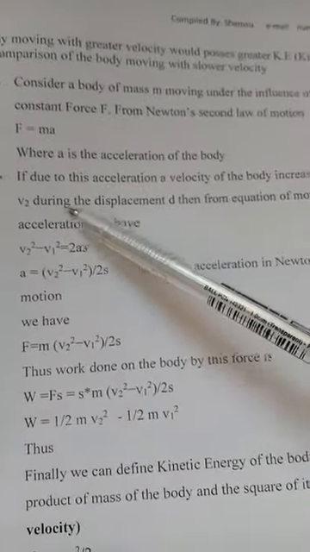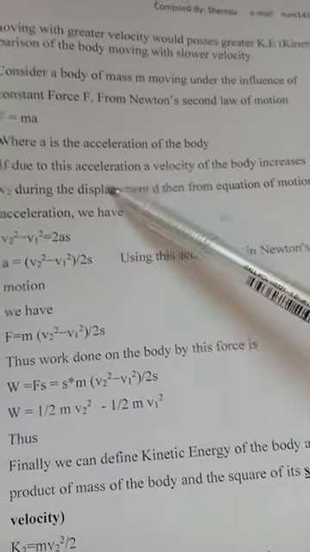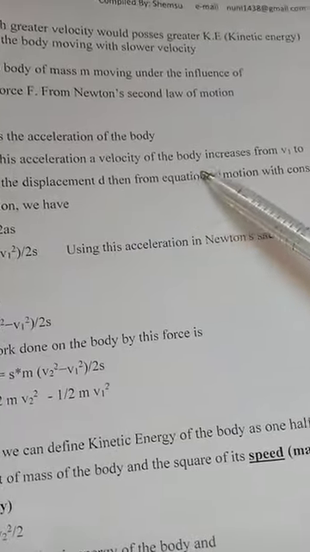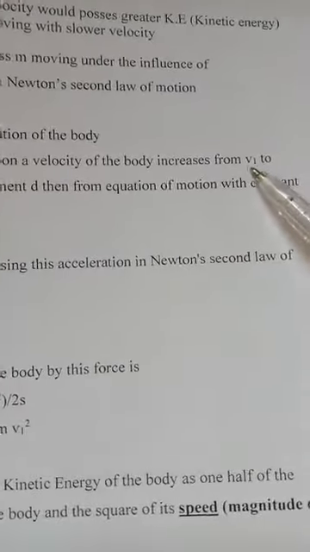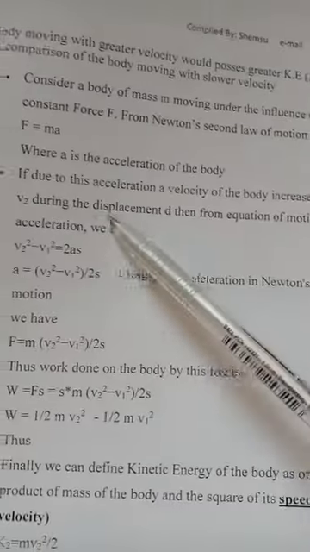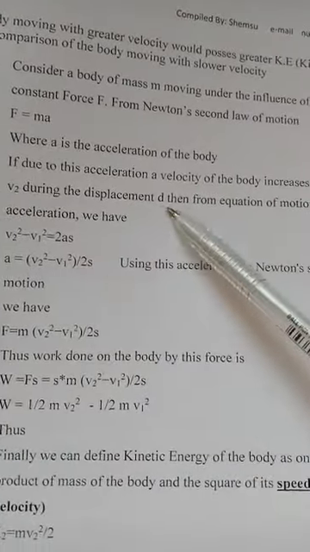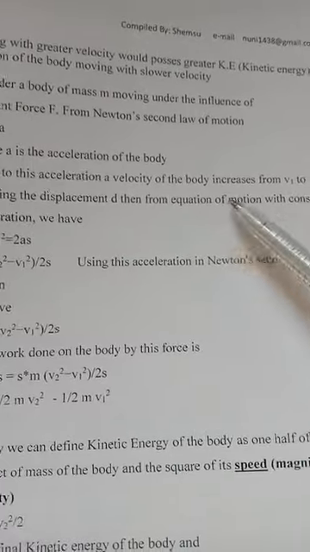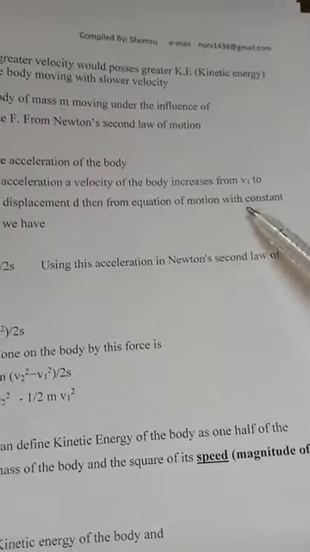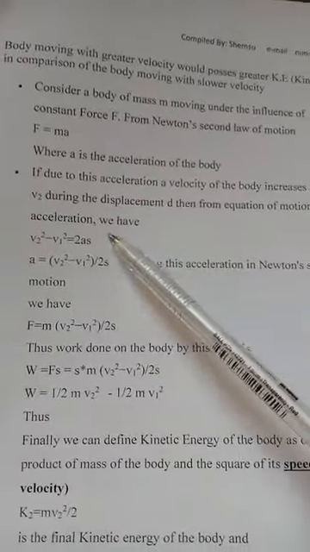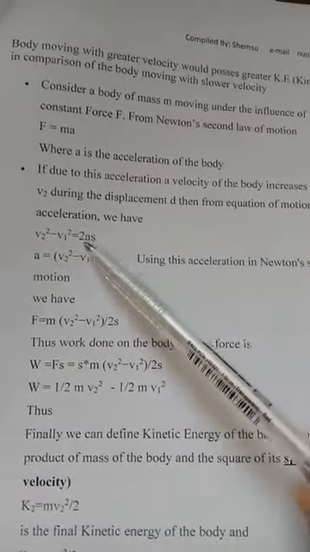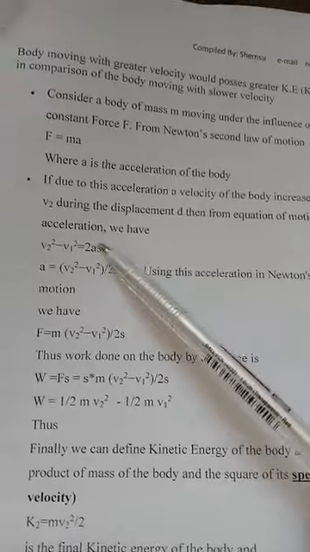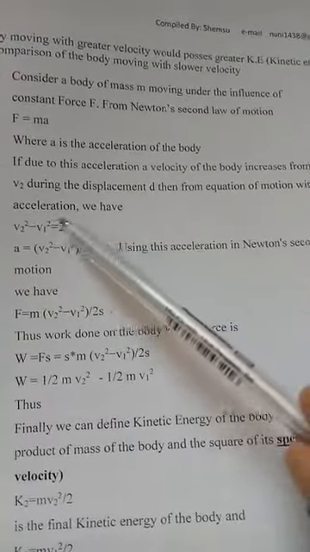If this acceleration is due to a force application on the body, from velocity v1 to velocity v2 during the displacement d, then from the equations of constant acceleration motion, we can calculate the acceleration. We have discussed 5 formulas.